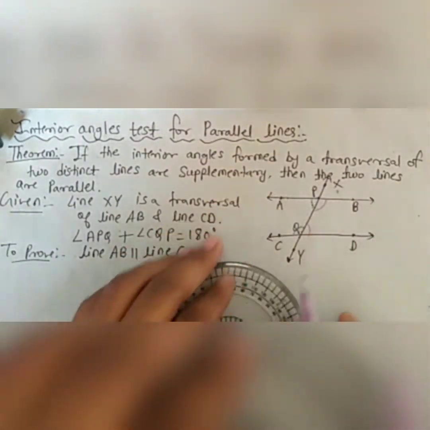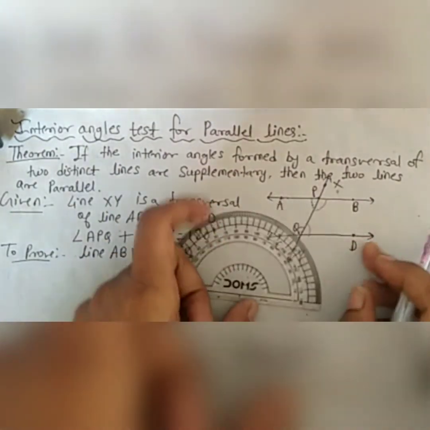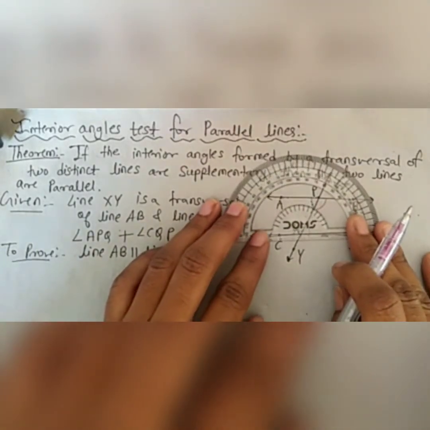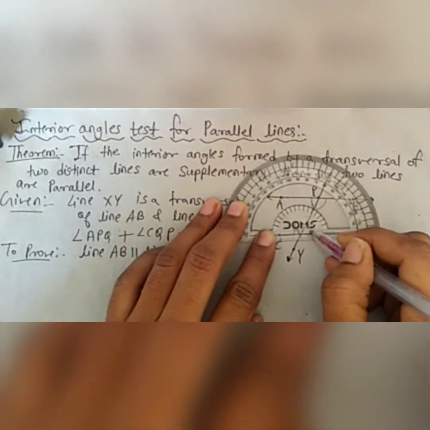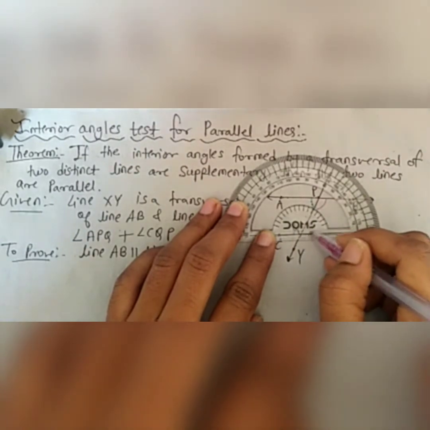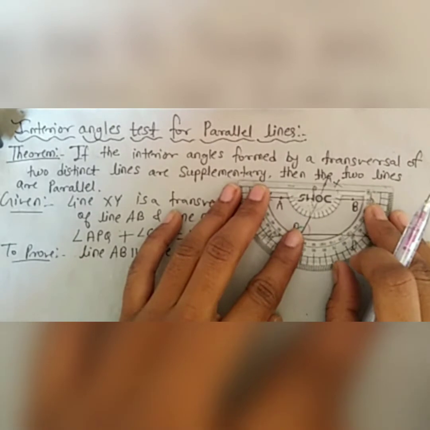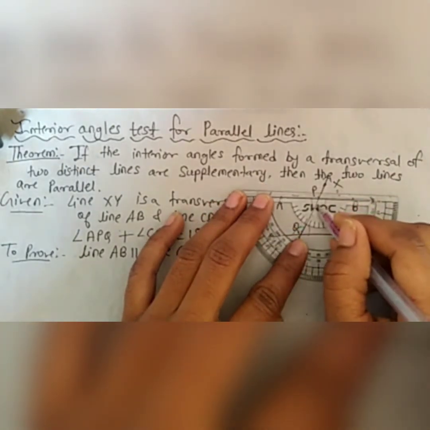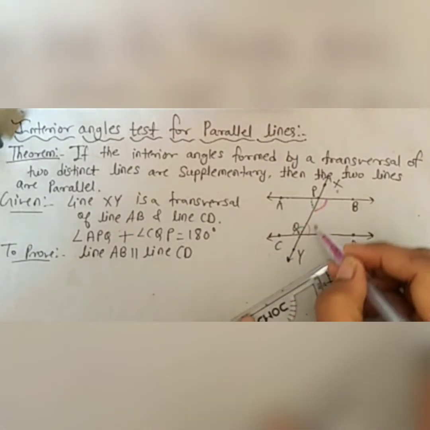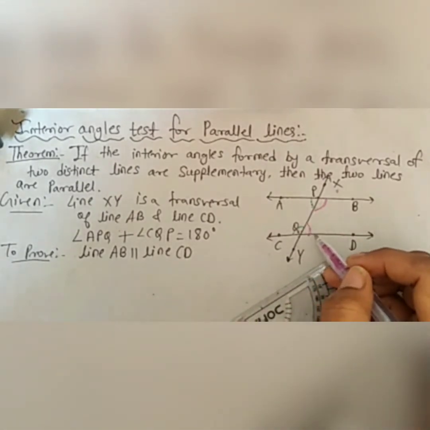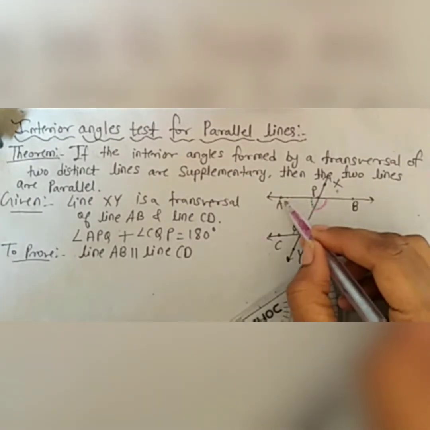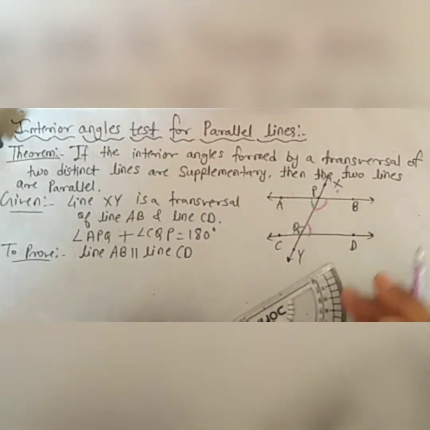We simply use the protractor and measure these angles, then add both measurements. We will get 180 degrees. If their sum is 180 degrees, it means line AB is parallel to line CD.